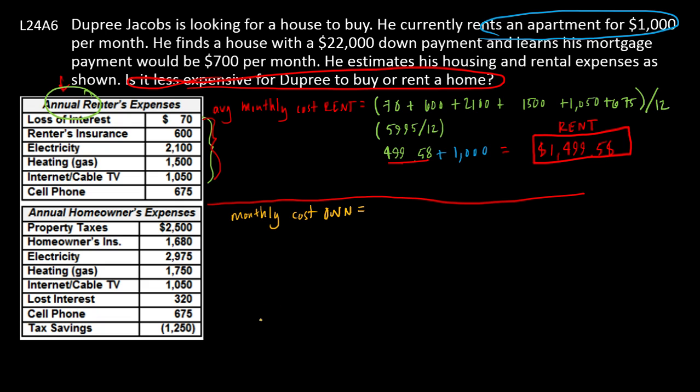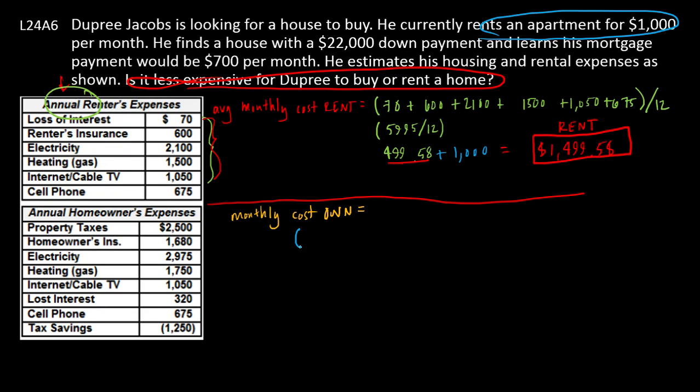Okay, so let's see here. I need to take, once again, my total annual costs. I'll divide by 12 to convert to monthly, and then I'm going to have to add on that mortgage payment. So let's see what we get here. So we have our property taxes. Let's change colors here.